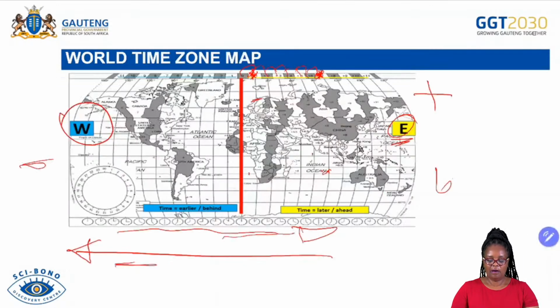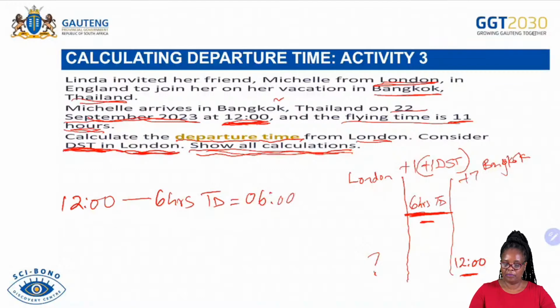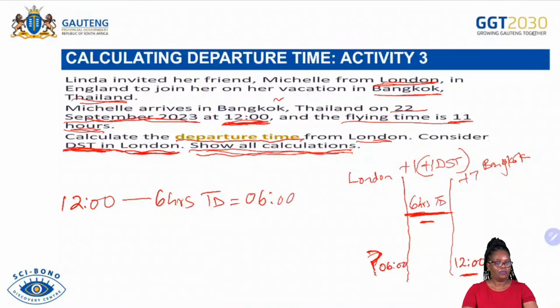That's our answer here. It will be 0600 hours. Where? Here at London. So we are answering this question. Next, 0600 hours. So now, what are we supposed to do?